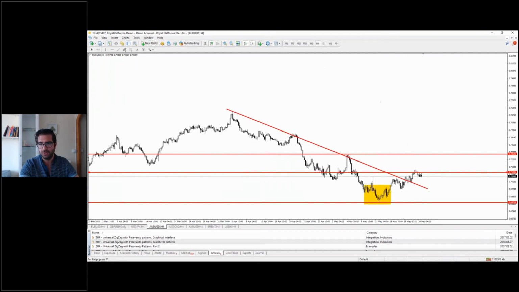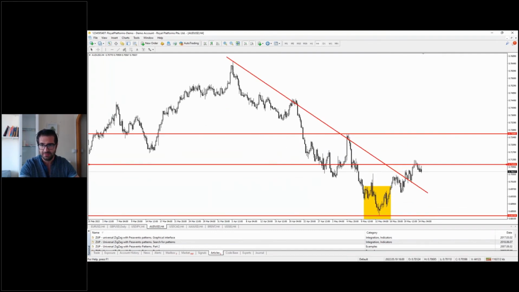Now, on the lower time frame, let's see what's happening. We can see that the Australian US dollar is testing this area, 0.71, but it has not yet breached it. So we will wait until the market breaks and closes above it. It's better if we see a big bullish bar.